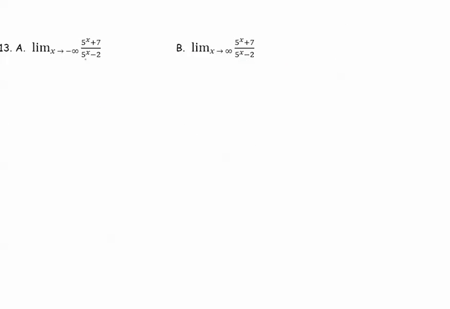Well, here we've got something new. Let's think what happens as x becomes very large or very small when we have an exponential function. Let's do part B first. As x goes to infinity, think what happens if you did even a number as large as 1,000, and clearly it could get much bigger than that. 5 to the 1,000th power is such an incredibly huge number that adding 7 or subtracting 2 would become negligible.